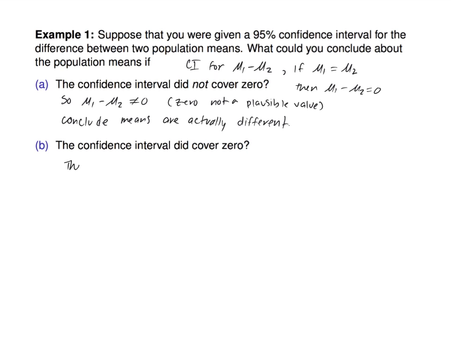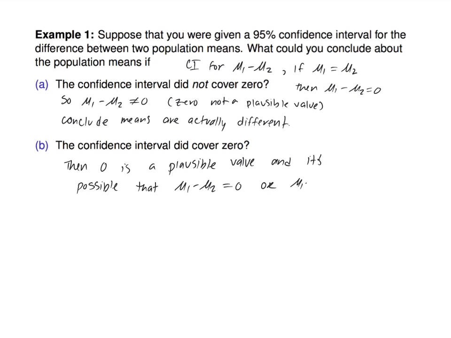Well, that means that 0 is a plausible value. And it's possible that mu1 minus mu2 equals 0, or mu1 equals mu2. You haven't ruled it out yet, so to speak.